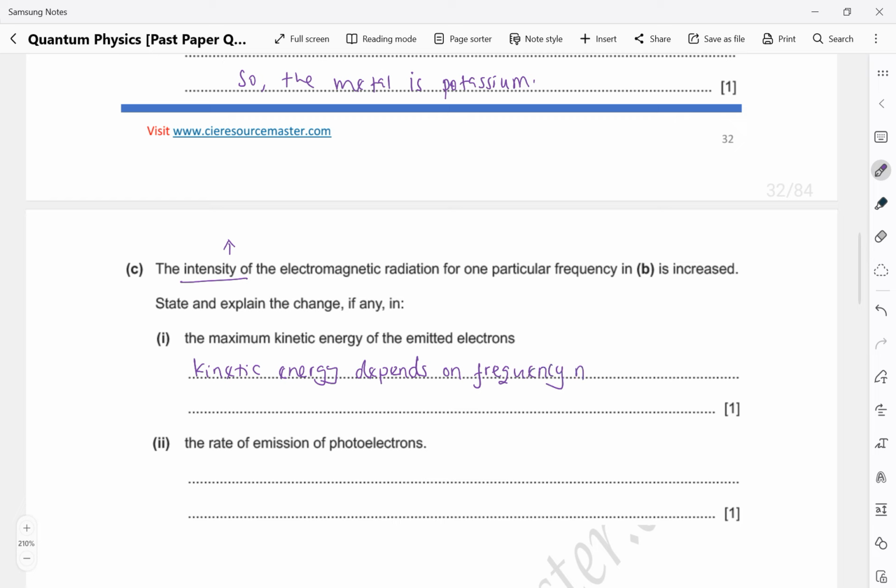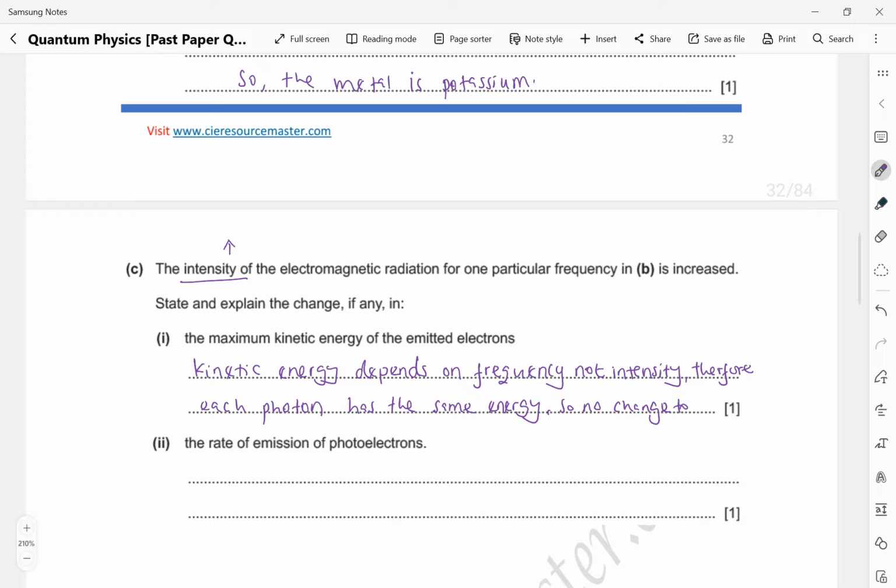Kinetic energy depends on frequency, not intensity. Therefore, each photon has the same energy, so no change.